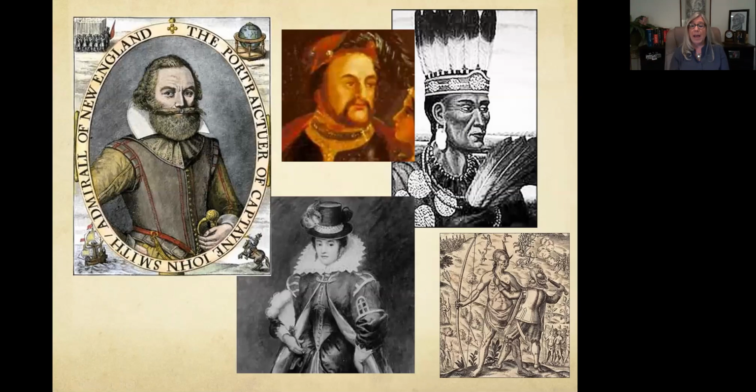You have Powhatan's brother, Opechancanough. And then we have Powhatan's daughter, Pocahontas, who you've probably heard of from the Disney story. And then you have John Rolfe. So I want to kind of lay out who all of these individuals are.